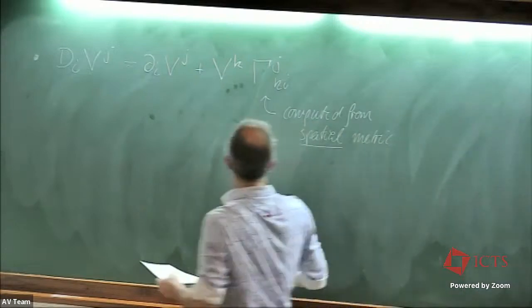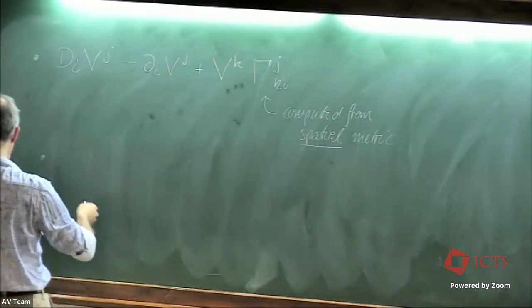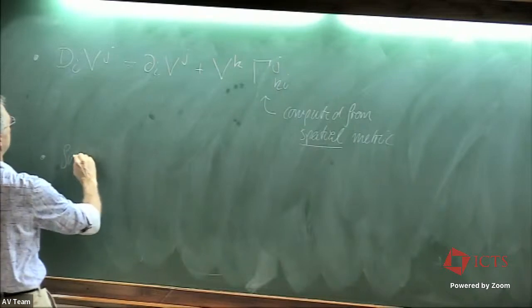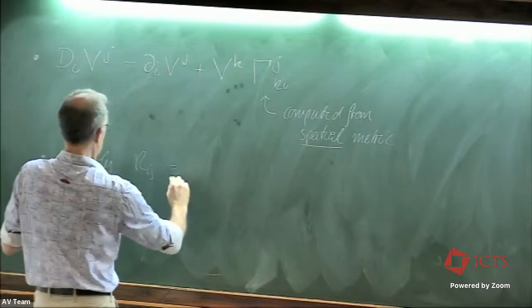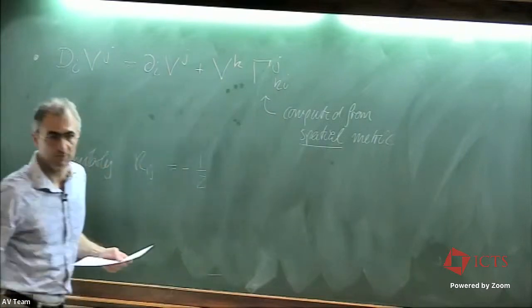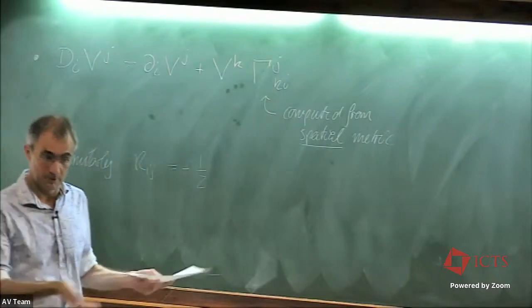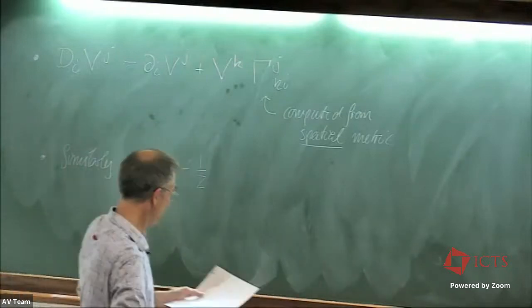By the same token, we can also compute a spatial Ricci tensor, Rij, which is computed from the spatial metric in the same way you would compute the 4-dimensional Ricci tensor from the spacetime metric.